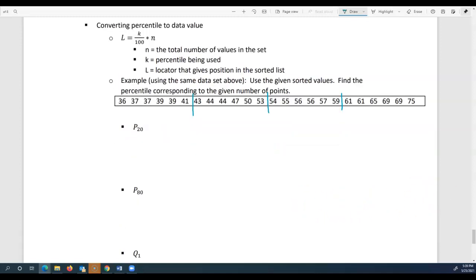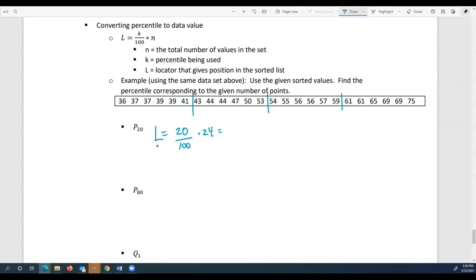So let's find P20. So we want to find what value in this list corresponds to the 20th percentile. That's what we're asking. So we need to find the location of that 20th percentile. So the location is going to be 20 over 100, and we're going to multiply by 24.